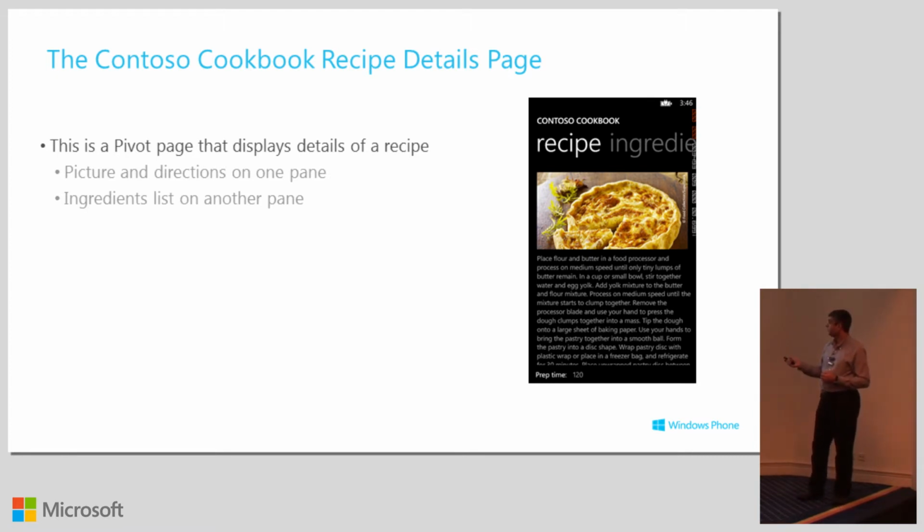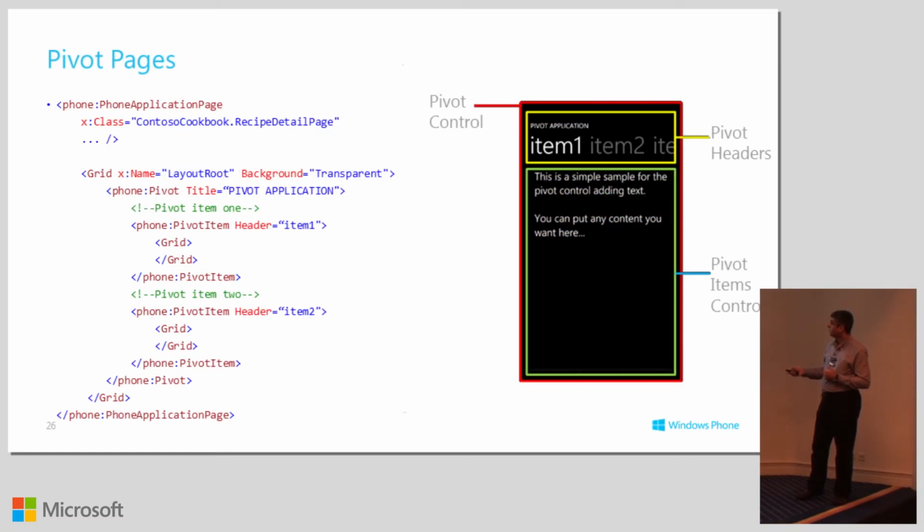So here I have a pivot control, and a page with details about the region, details about the recipe, and then I have the ingredients. The way I design that is in XAML. I have the phone application page, the root frame, I call it, which is this whole page.